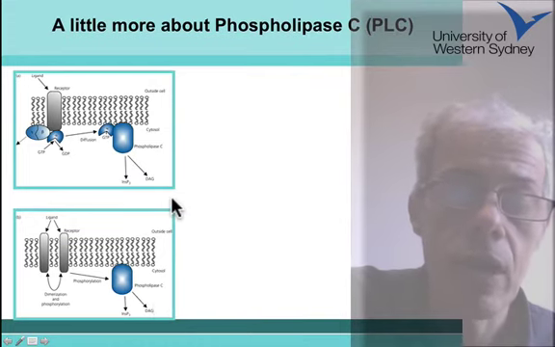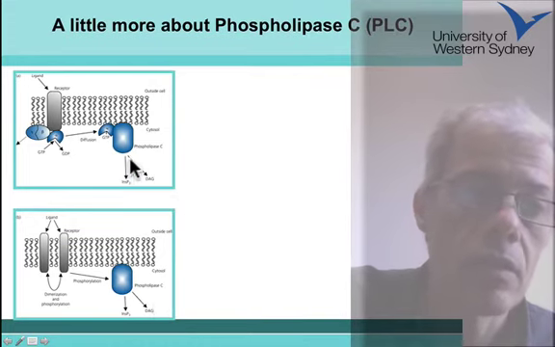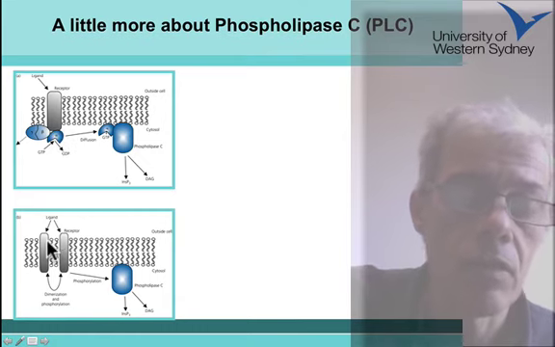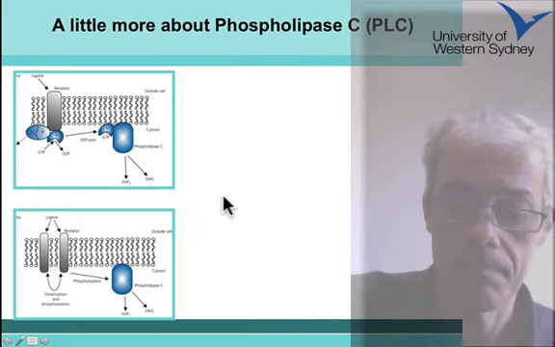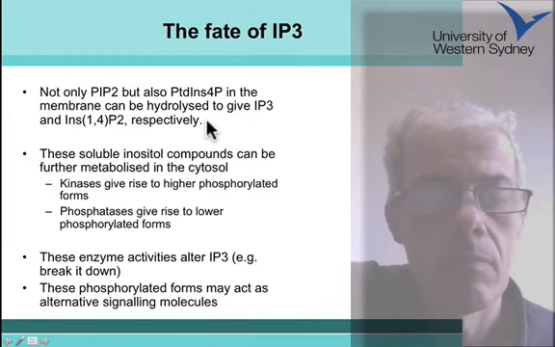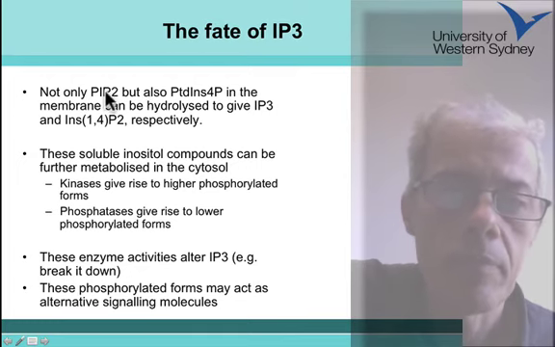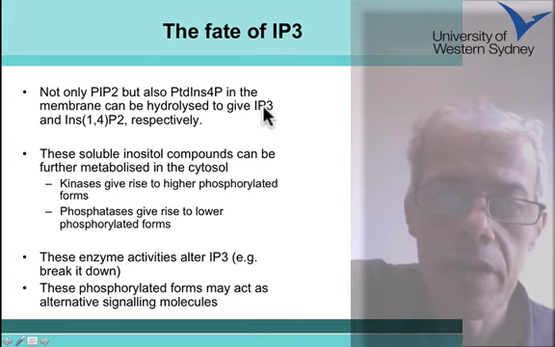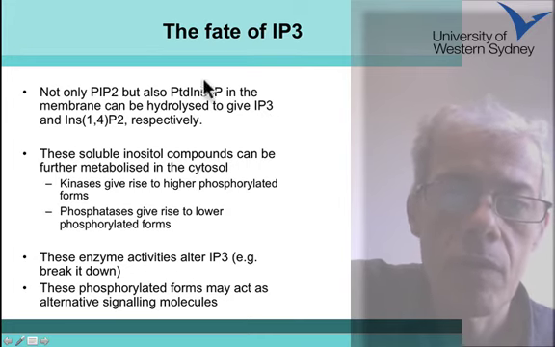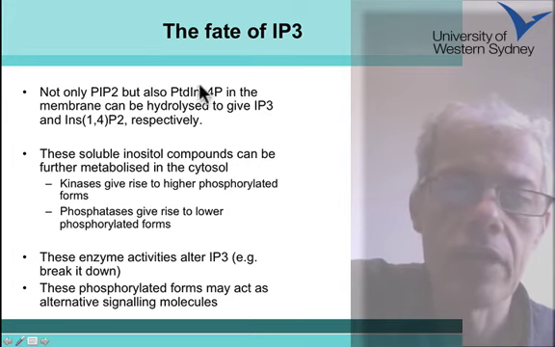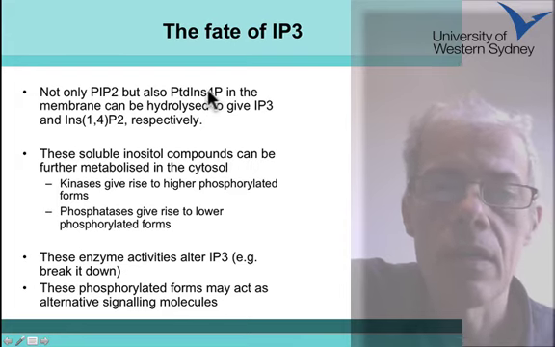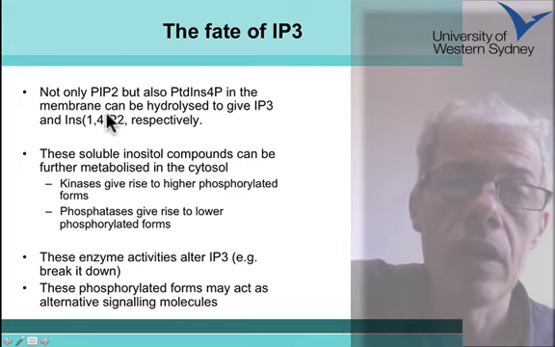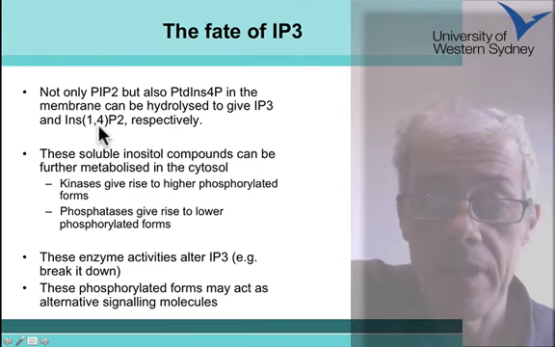So there are various isoforms of phospholipase C, some of which can be activated by G protein coupled receptors, and some of which can be activated by receptor tyrosine kinases. So we've discussed that PIP2 can be cleaved to give rise to IP3, but also other phosphatidyl inositols can be cleaved to give rise to additional second messengers.